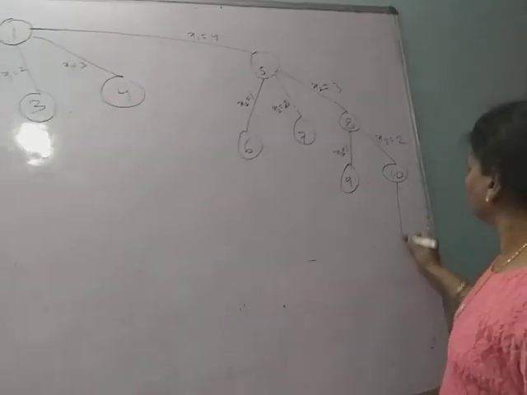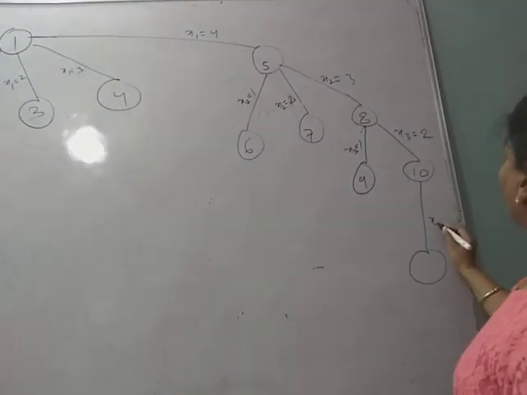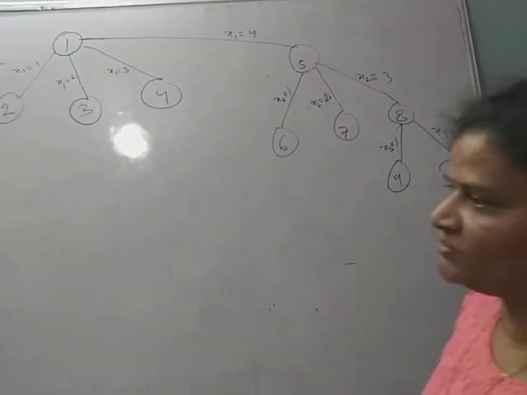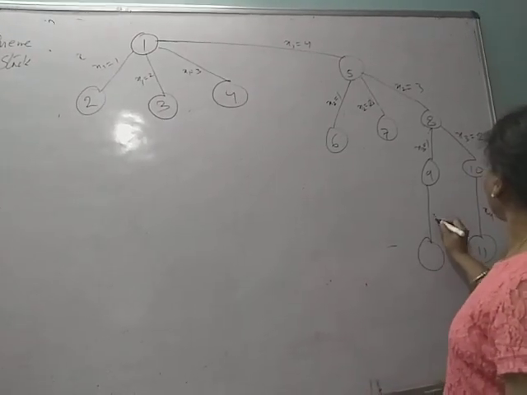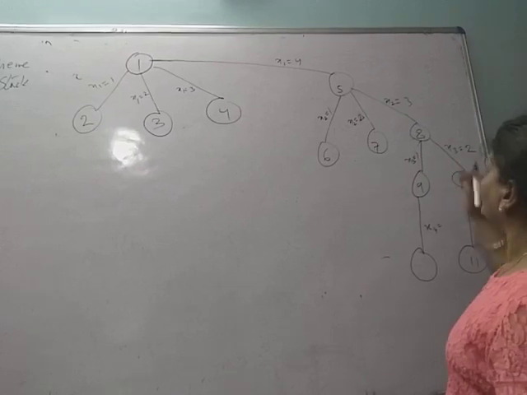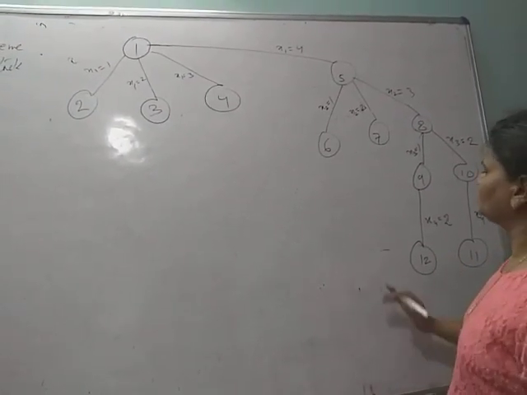This is the last E node: X4 equal to 1, 11. Then 9 will be popped and 9 will become the next E node. Here X4 equal to 4, 3, 1, that is 2, so 12. Okay, 11, 12.